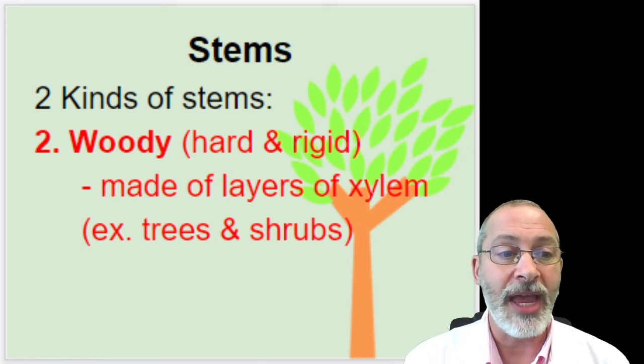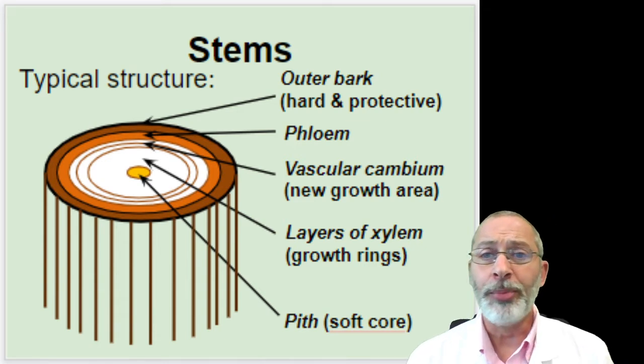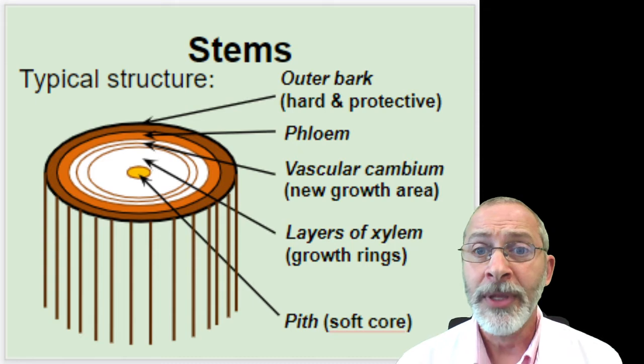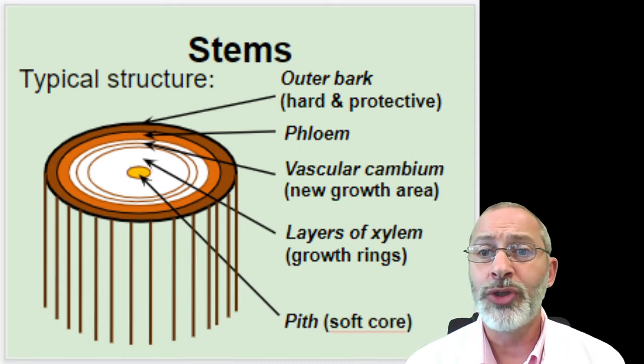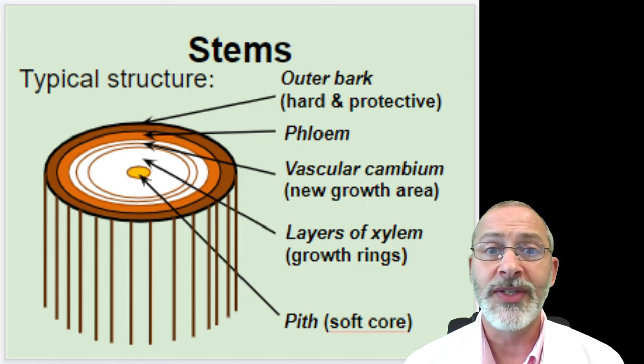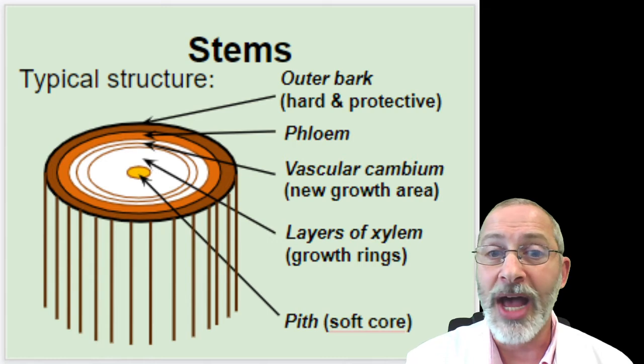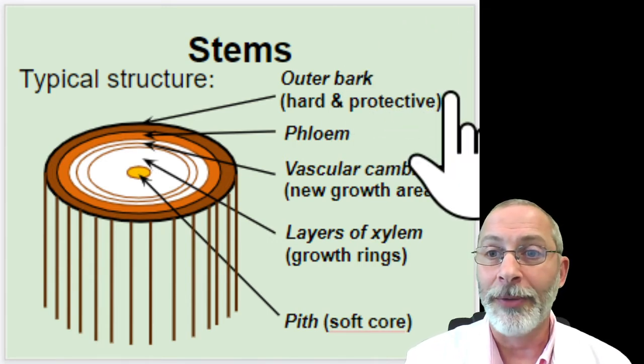And here is a cross section of a typical woody stem. So in your book, you have this diagram. Take some time to label your diagram, and I will just discuss it briefly as you are labeling it. I'm going to start on the outside and work my way down.